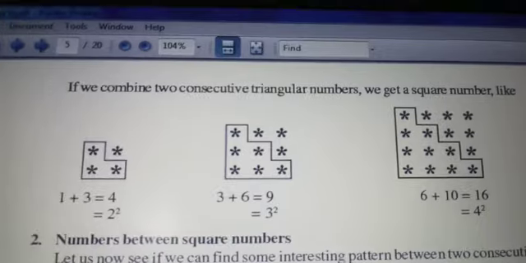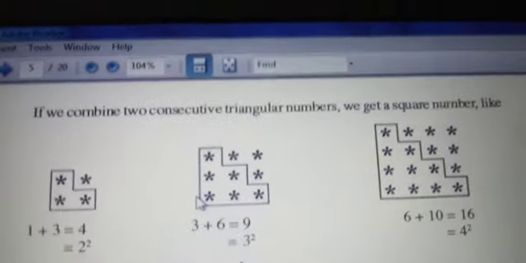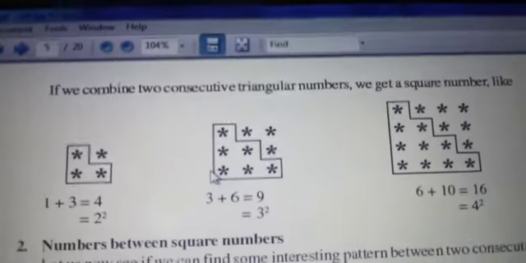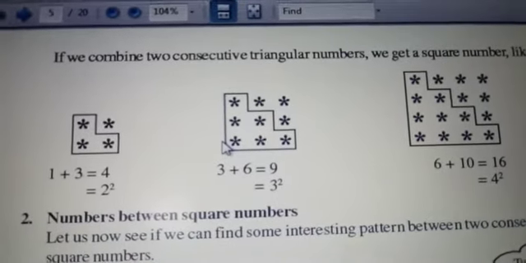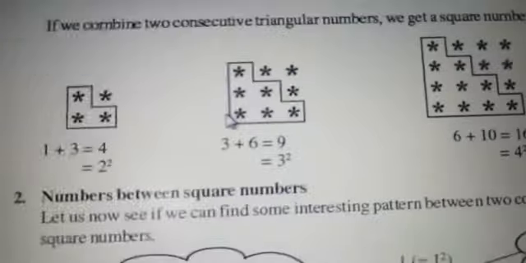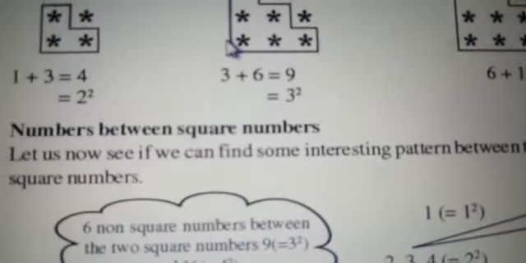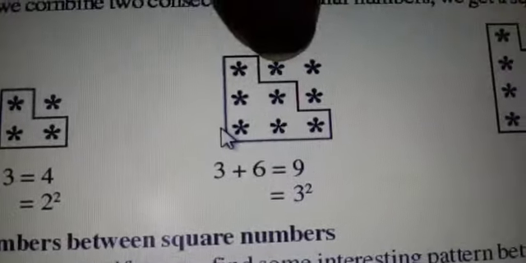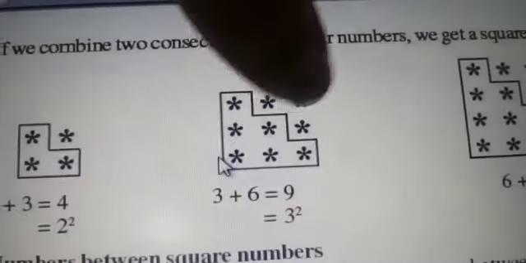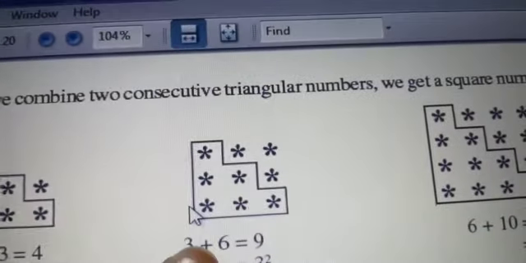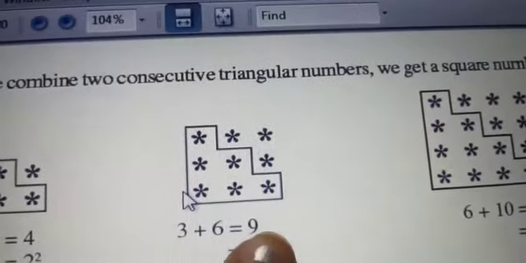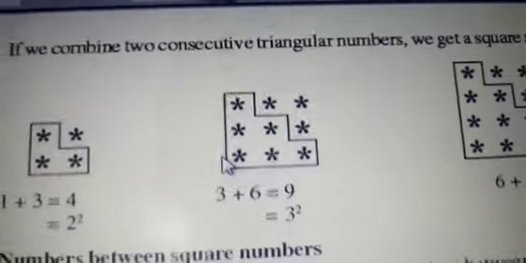Likewise, next, this problem. 6 is one triangular number, right? I have arranged that in the form of a triangle. In that I am just filling these places like this. 1, 2, 3, so it becomes one square. 6 plus 3 dots I have added to fill this, so it becomes 9. 9 is what? 3 squared.